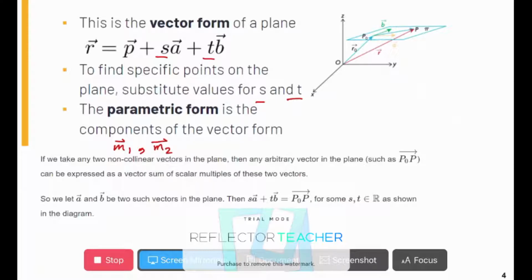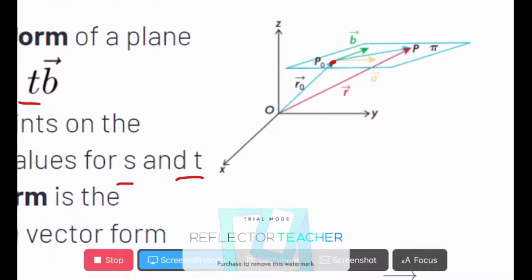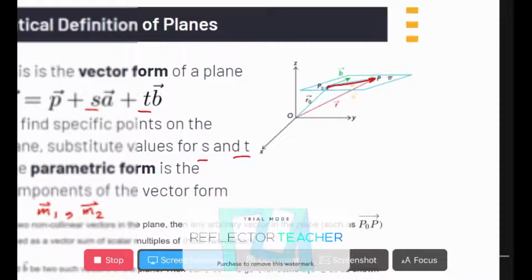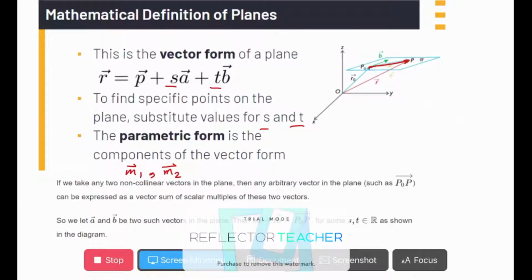That is to say, they are not the same or they are not scalar multiples of each other. Then any arbitrary vector in the plane, such as p naught p, going from our generic point to our specific point, p naught to p, can be expressed as a vector sum of scalar multiples of these 2 vectors.